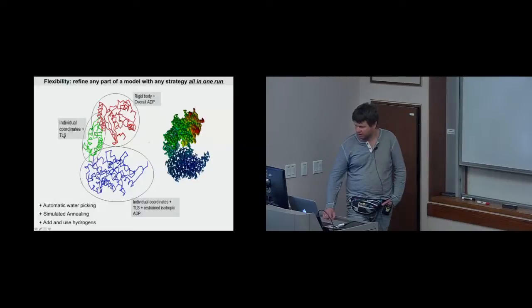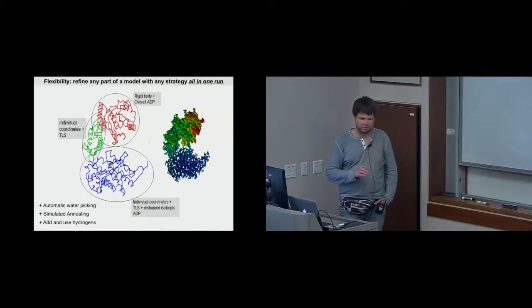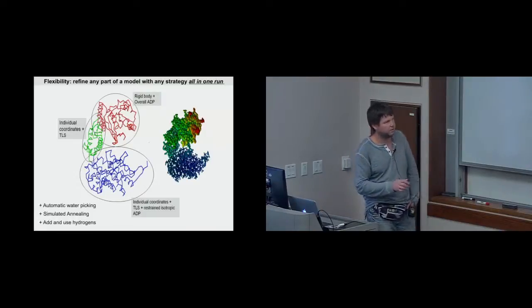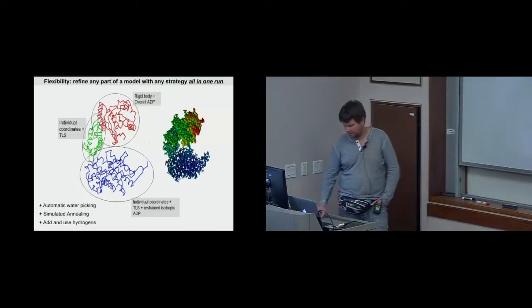You can do individual coordinates and TLS for another part. You can do individual coordinates, TLS, and restrained isotropic B factors for the other part. And on top of that, you can add water picking, simulated annealing. You can use hydrogens. It can all be done in one refinement run, and you are totally flexible in selecting what you want to refine and how. So it's extremely flexible.